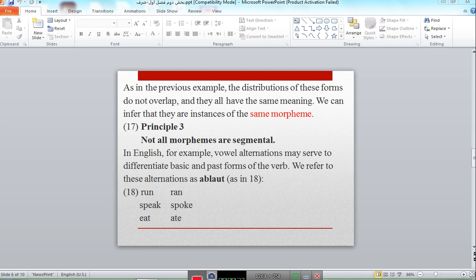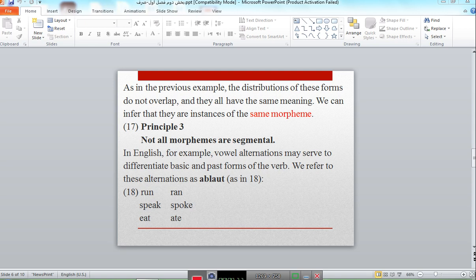Principle number 1 of Nida says that forms with the same meaning and the same sound shape in all their occurrences are instances of the same morpheme. And the second principle told us that forms with the same meaning but different sound shapes may be instances of the same morpheme if their distribution does not overlap, like the plural morpheme in the English language.